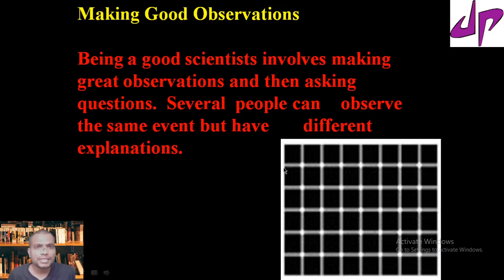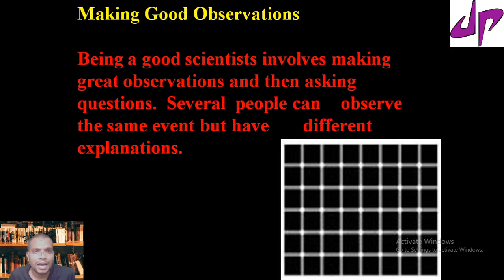Now, to study science, first we need to make a good observation. Being a good scientist involves making great observations and then asking questions. Just take an example here. We know the story of Newton.